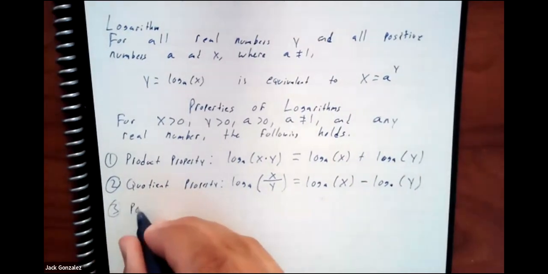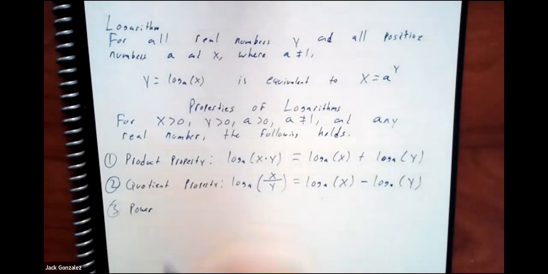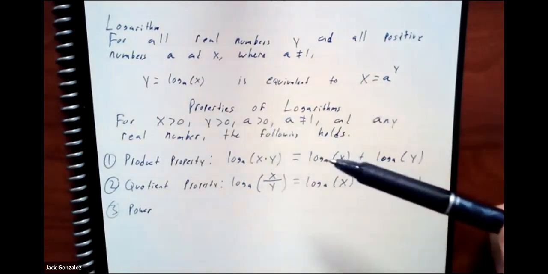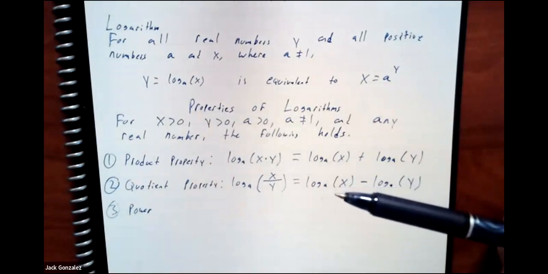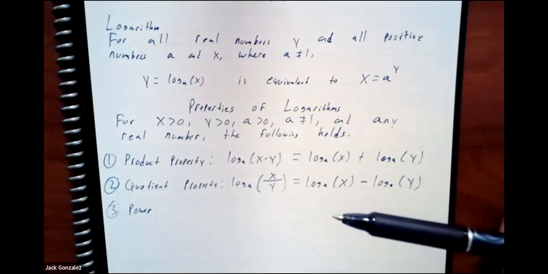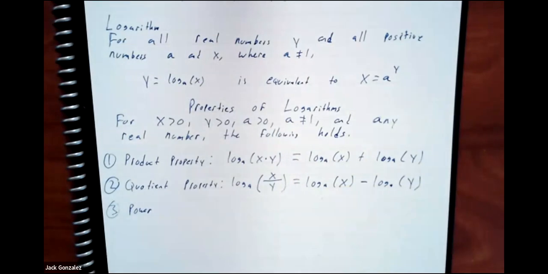Power property. The log base A. Yeah, so it's a subscript A, letter A. Why is it there?